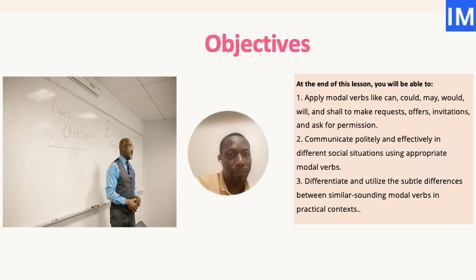And then number three, differentiate and utilize the subtle differences between similar sounding modal verbs in practical contexts. This objective will help you be able to use the modal verbs in daily conversation with your peers.